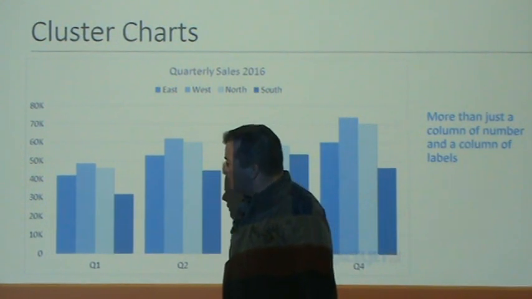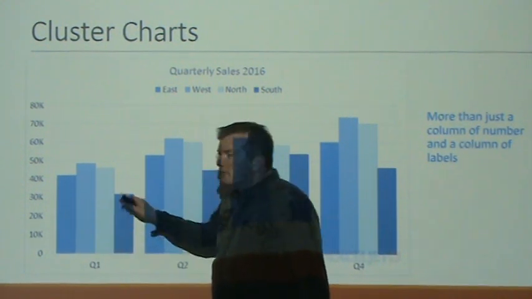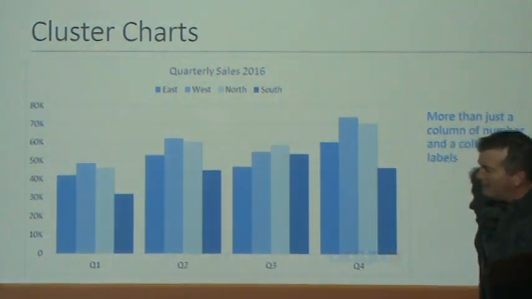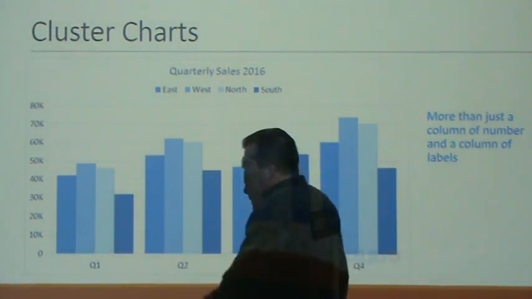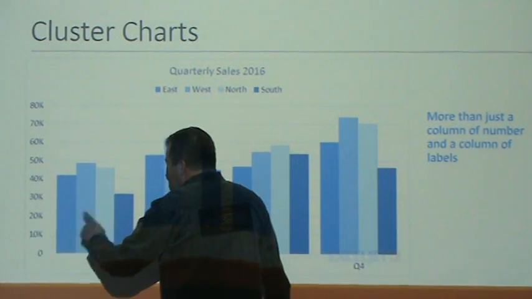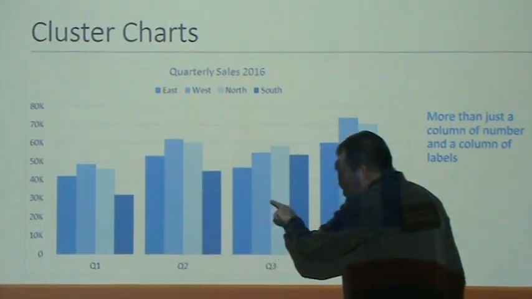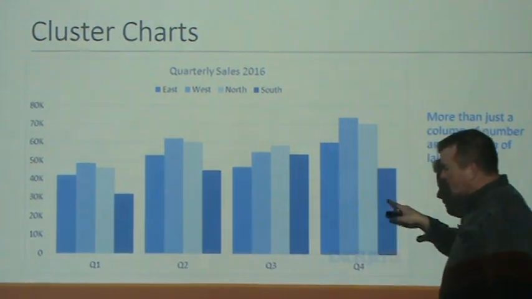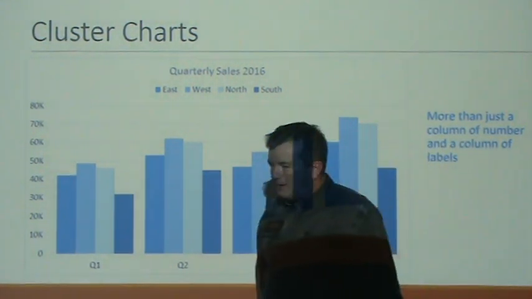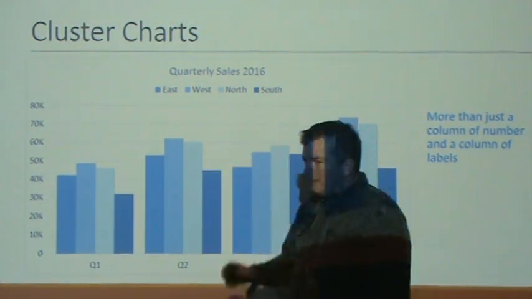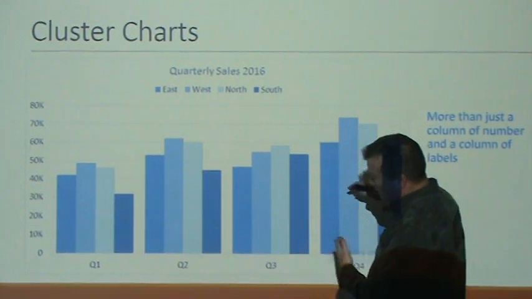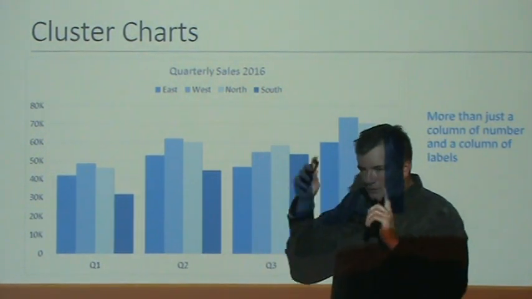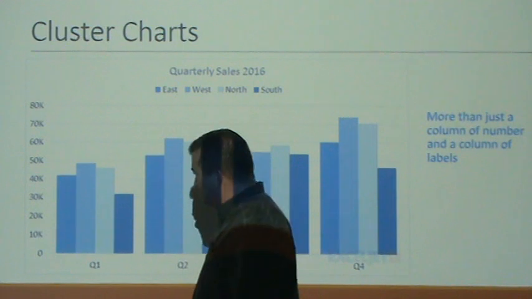But we could also have columns, which are clusters. The idea of that is it's better to have this as a column than a pie, because I could look at this number and look right across here and say, oh, in the fourth quarter you did better than the first quarter here, whereas if they were like pies, they might be a little bit harder to tell. They'd be pie slices and you'd be looking one next to the other and you can't quite see with your eyes which one is a bigger slice.